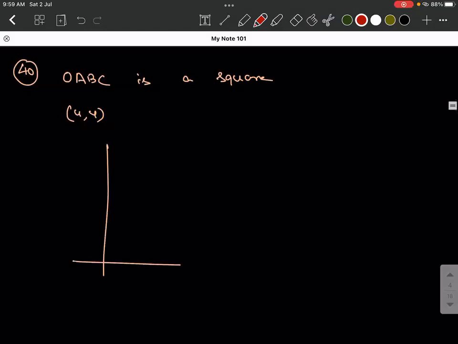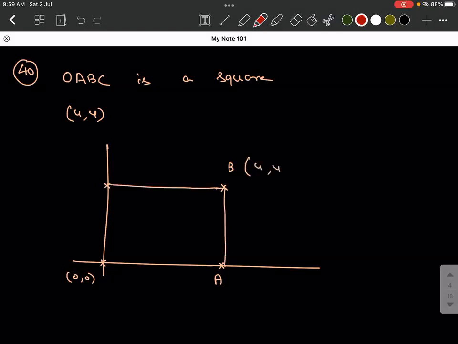See, O generally is taken as the origin. You take A here, B is here, and C is here. So this is 4, 4. Then this will be 4, 0. This will be 0, 4.